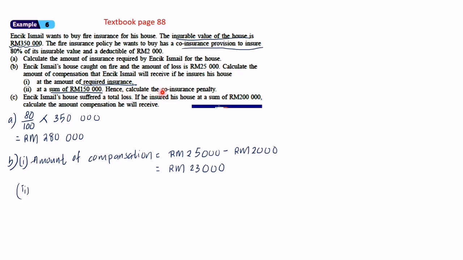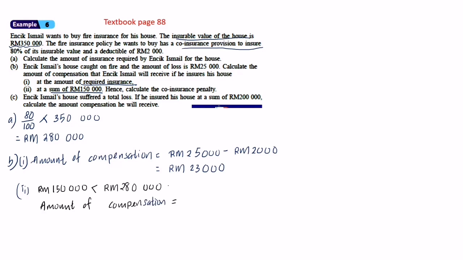So calculate the co-insurance penalty. The amount he insured, which is 150,000, is less than the amount he is supposed to insure, which is 280,000. 150,000 is less than RM 280,000.